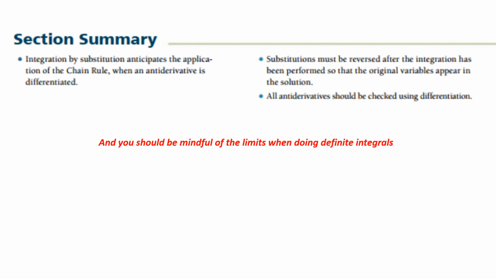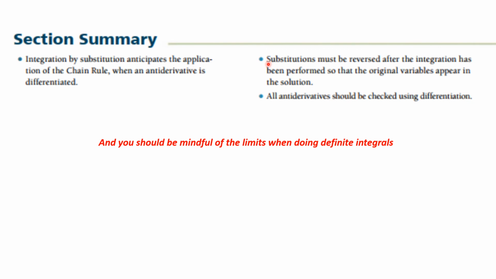In summary, integration by substitution anticipates application of the chain rule where an antiderivative is differentiated. Substitutions must be reversed after the integration has been performed so that the original variables appear in the solution. This is when it's an indefinite integral.